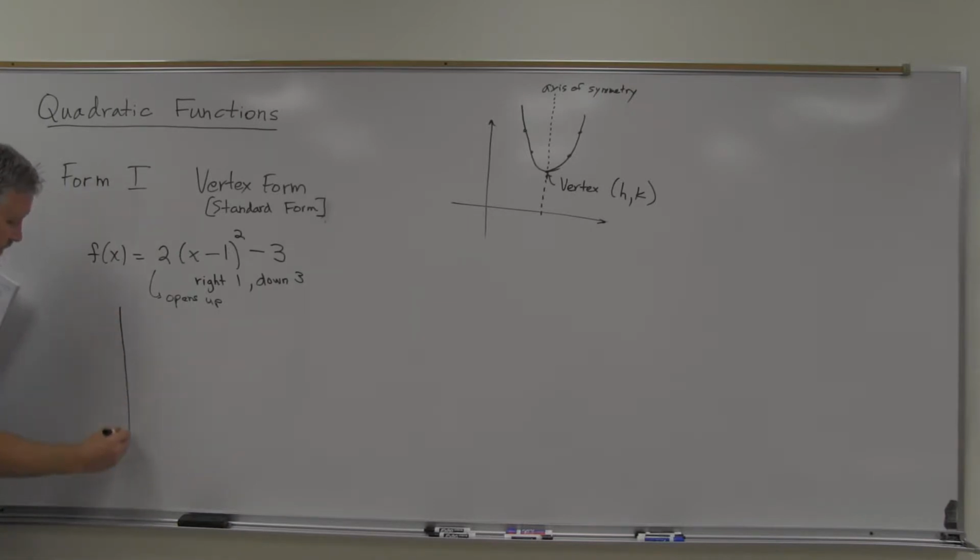All right, so let's do it this way. Here's kind of how we'll graph this for now, and then we'll talk about the results. We're going to take the x squared graph, right 1 and then down 3. So here's x squared.